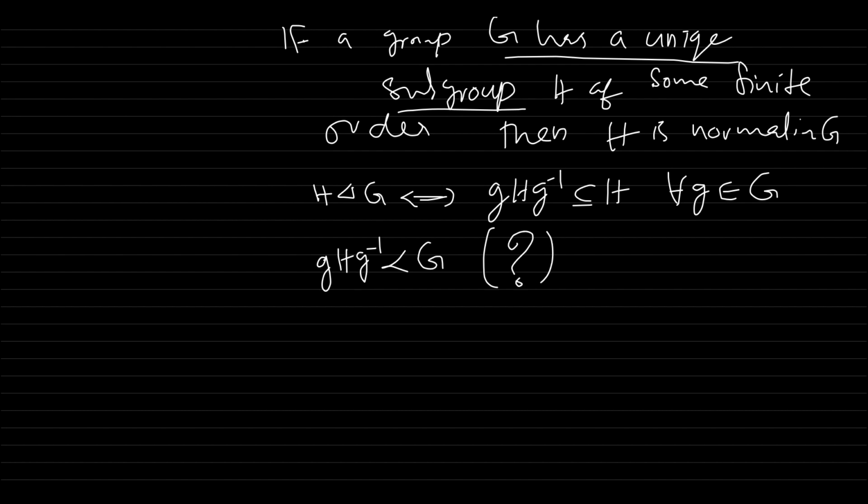Let us prove this. For that, consider the identity element e in H. Then g e g inverse is equal to g g inverse, and this is equal to the identity. So the identity belongs to gHg inverse.